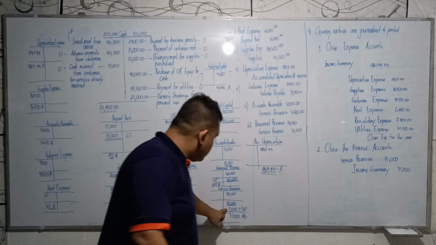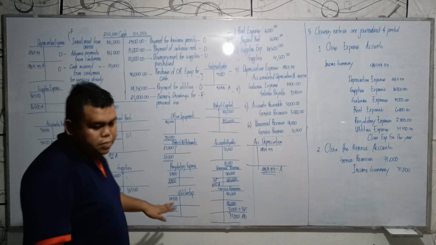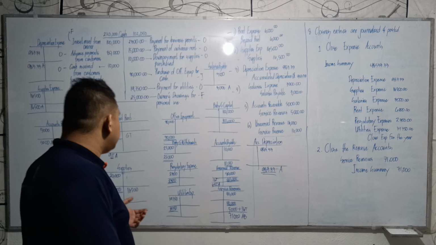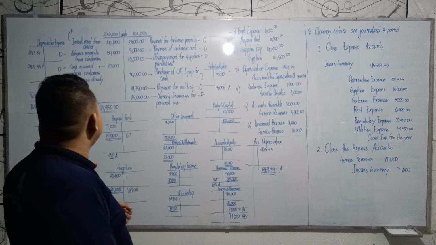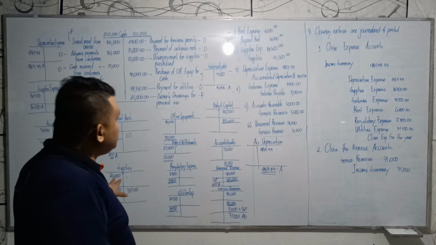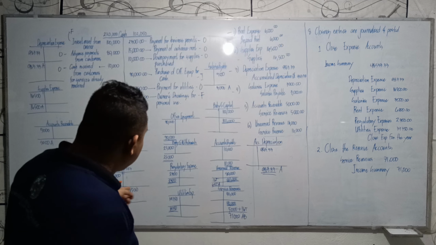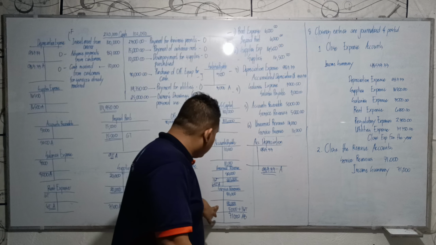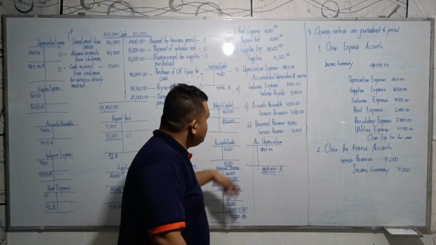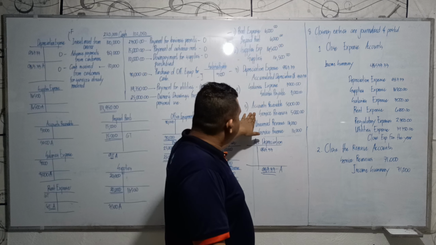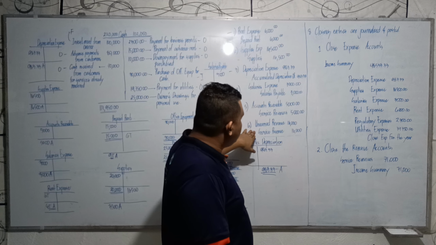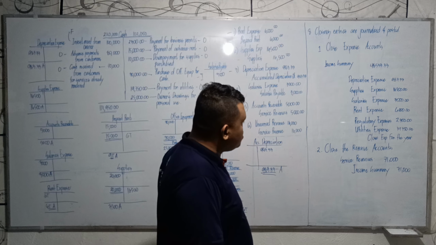Are we sure that this is 71,000? Is that our service revenues in the adjusted trial balance in the worksheet? I don't know, I have to check it. If this is really 40,000, I guess it's 40,000. And then we have some accrued revenues in the adjusting entries and some advance collections from the customers that were already earned, 16,000.